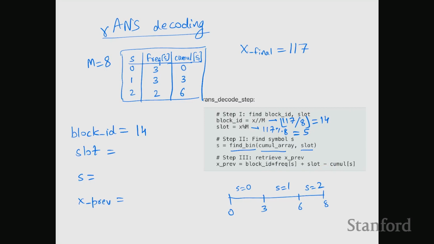Because your slot is 5, 5 is here, so S is equal to 1 because the slot lies in this bin. Then you do this calculation: block ID times frequency plus slot minus cumulative of S. So block ID was 14 times frequency of 1, which is 3, plus slot 5 minus cumulative of 1, which is 3.